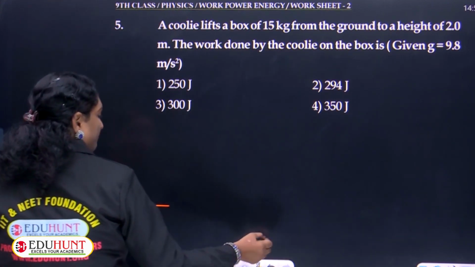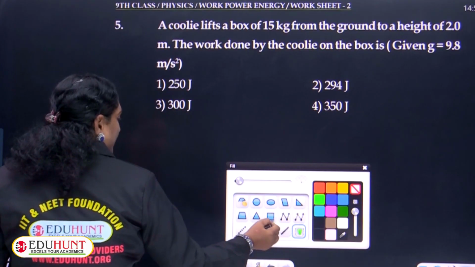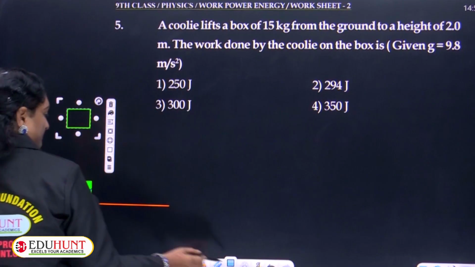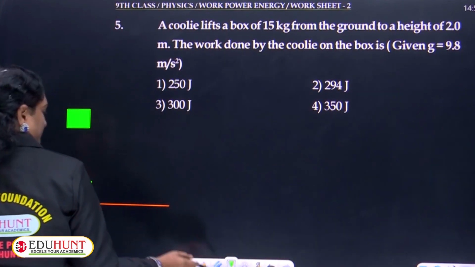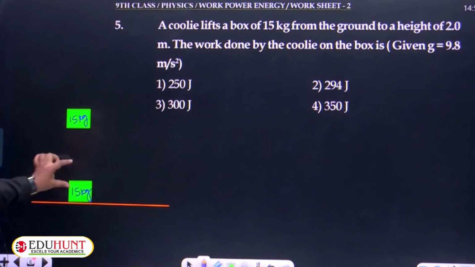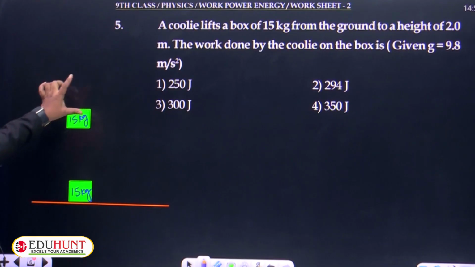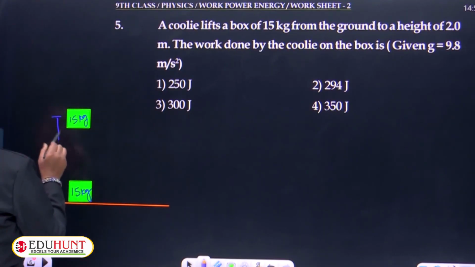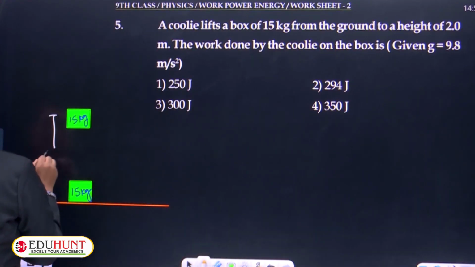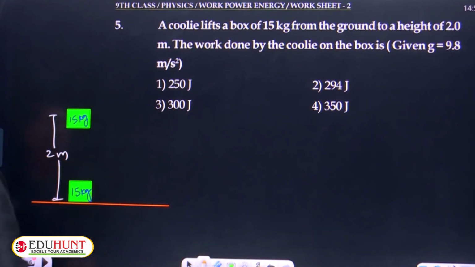And this block of mass is being lifted to a height. How much is the height? A coolie lifts a box of 15 kg from the ground to a height of 2 meters. In this direction it is being lifted.